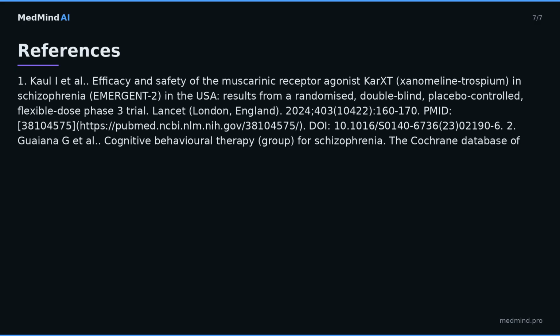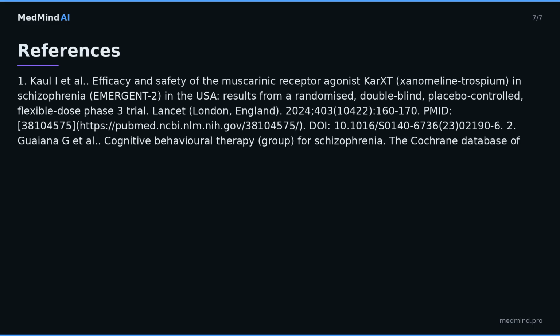4. Schneider-Thomas et al. Efficacy of clozapine versus second-generation antipsychotics in people with treatment-resistant schizophrenia, a systematic review and individual patient data meta-analysis. The Lancet Psychiatry. 2025, 12, 4, 254-265.